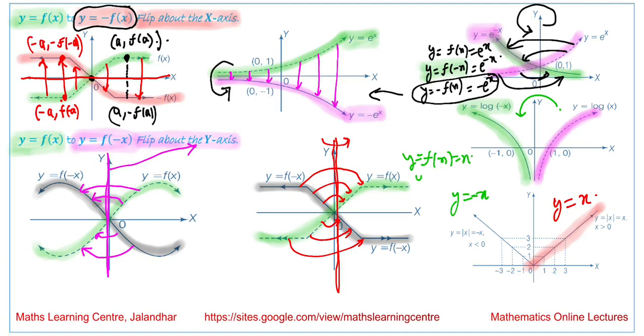Then y is equal to f of minus x is equal to minus x. So we are flipping it about the y axis. The answer we obtain over here is the graph corresponding to y is equal to minus x. So this whole graph is the graph of y is equal to mod of x.